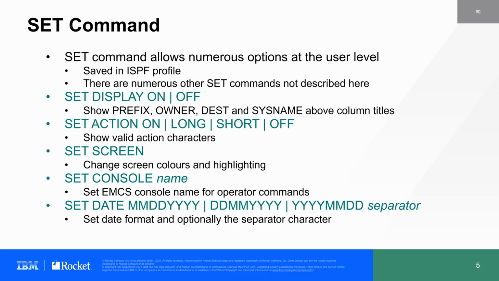There are certain dates that we still don't convert this way, because the data we collect is given to us in character format. So we can't do any date manipulation because we don't know the time or the zone offset for those. But for most things we get back as a store clock date, we can apply this date format. You can change the separator character as well if you don't like the slash. Okay, so that's very, very basic stuff.